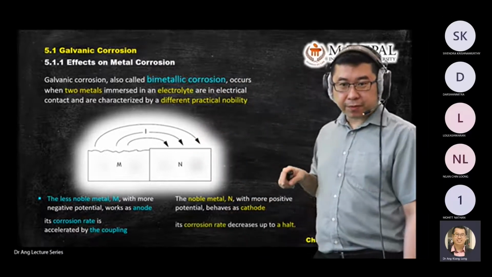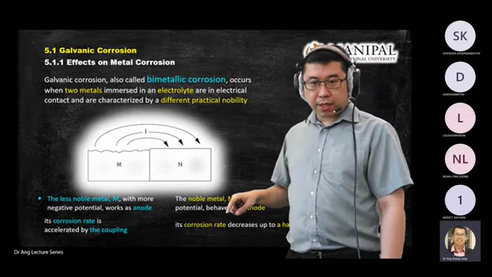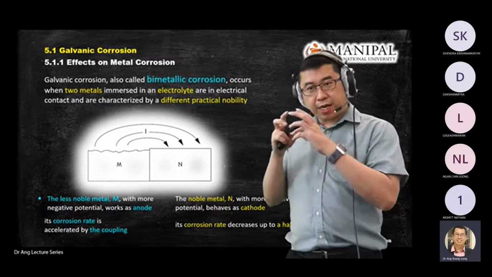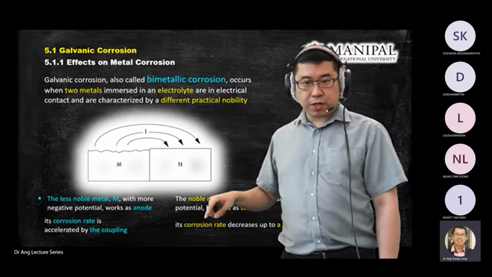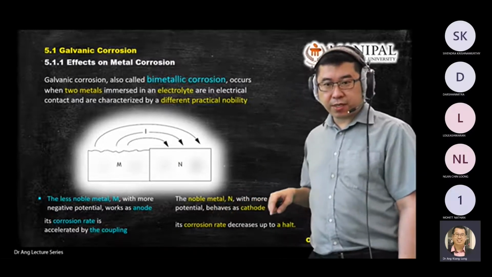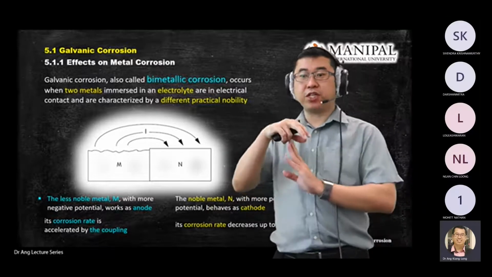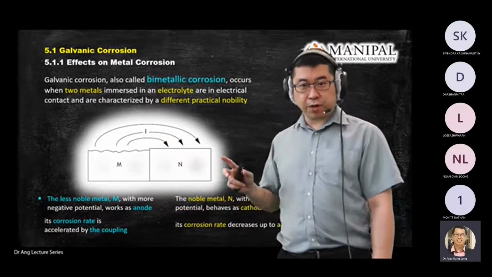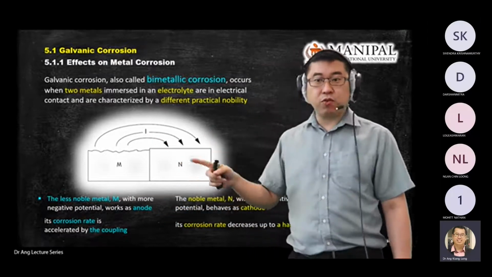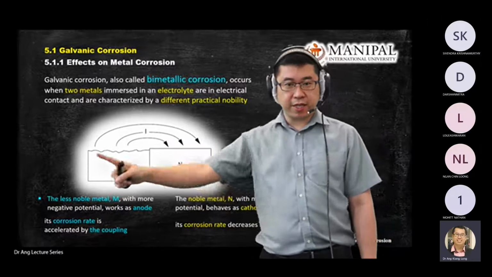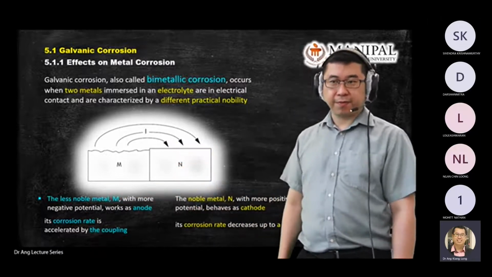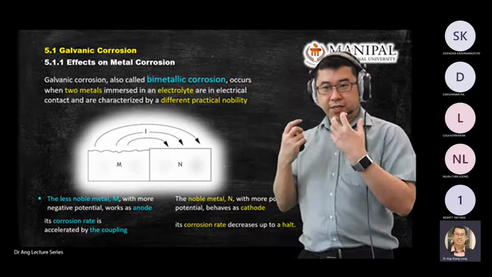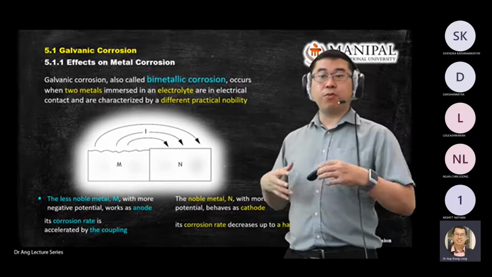So here the more noble metal is the one that collects the electrons. The corrosion rate will decrease until there's no more exchange of electrons in the cell, or we call it reaching the equilibrium state.